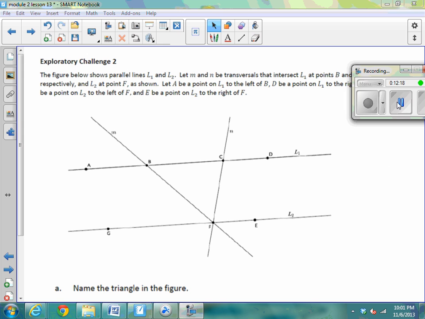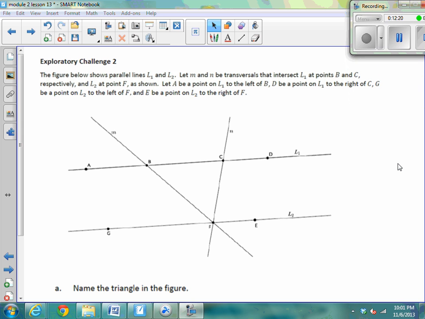Turn to the next problem in your binder, which is exploratory challenge number 2. And it gives you a figure with two parallel lines and then two other intersecting lines. There's line 1 and line 2, which are parallel, and M and N are transversals that intersect line L1 at B and C. So here's the transversal M, here's B on line 1, and here's C on line 1 from the other transversal.